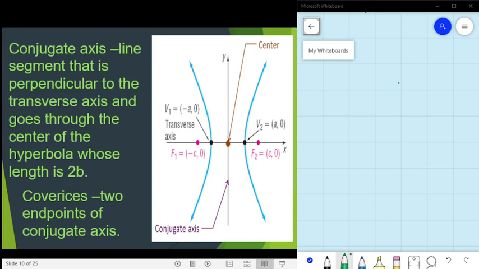Since the major is the longer one, the other is minor, and the focal axis is still the one connecting the two foci. But in this case, again, the focal axis connects the two foci, the transverse axis connects the two vertices, and the conjugate axis connects the two co-vertices.